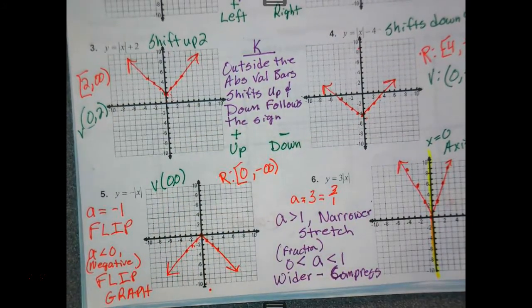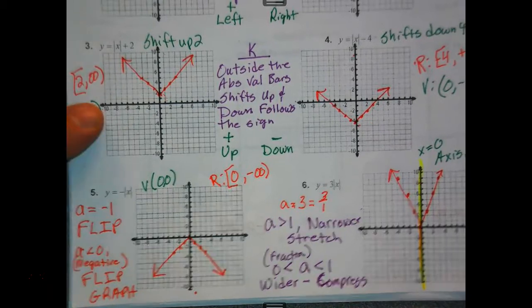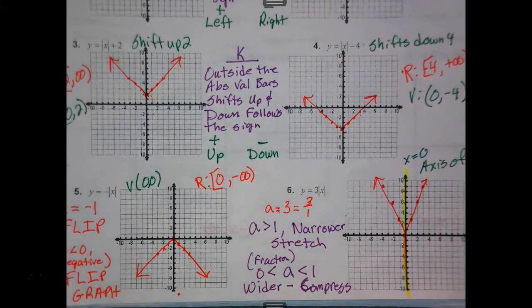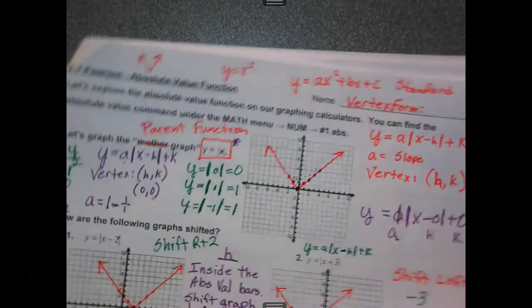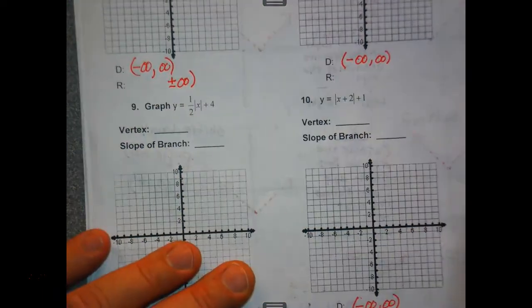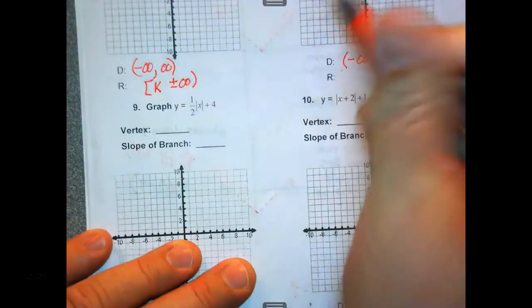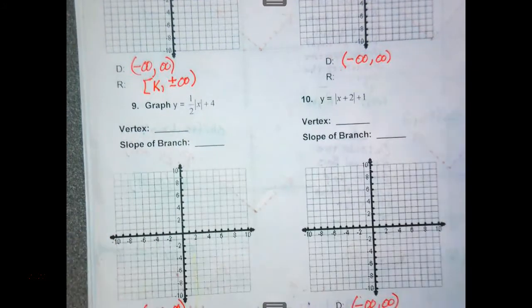Do you notice where my range starts on these? It's my K. Okay, it's K. So your range for absolute values in this course is going to be bracket K of the vertex, comma, either positive or negative infinity.